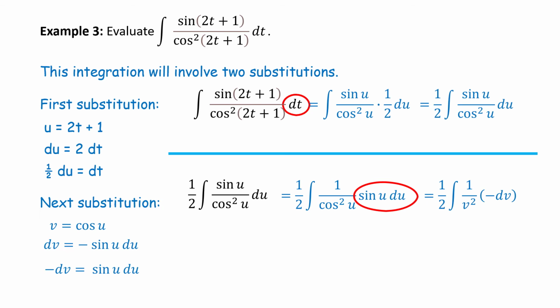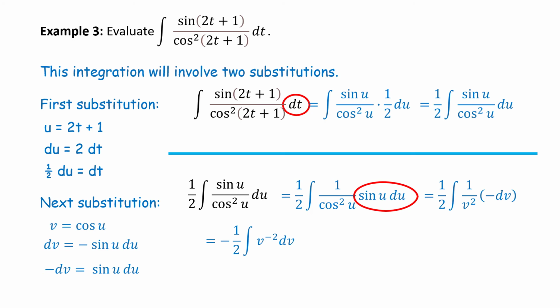So we replace the sine u du with negative dv. Proceeding, we'll move the negative that's multiplied to the dv to the outside of the integral symbol. That becomes negative 1/2 the integral of v to the power of negative 2 dv.